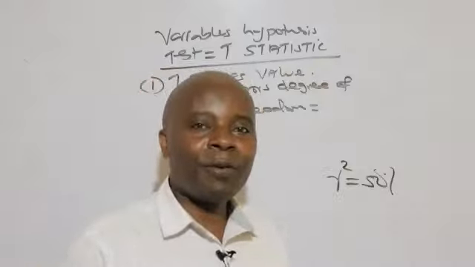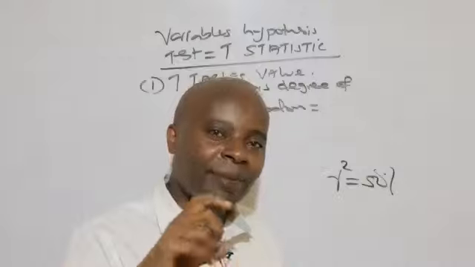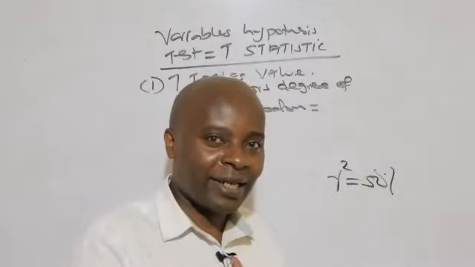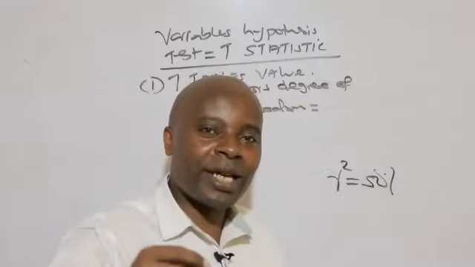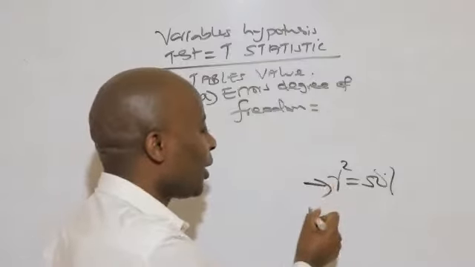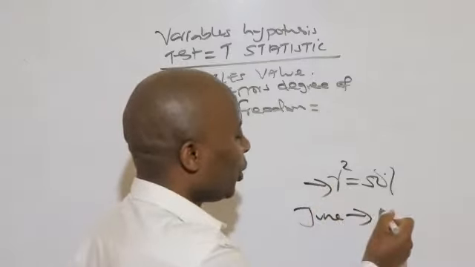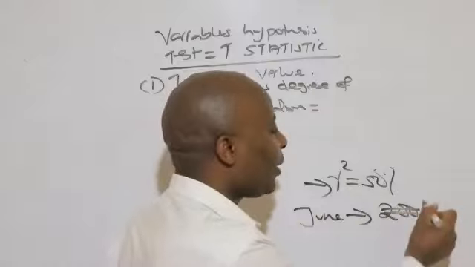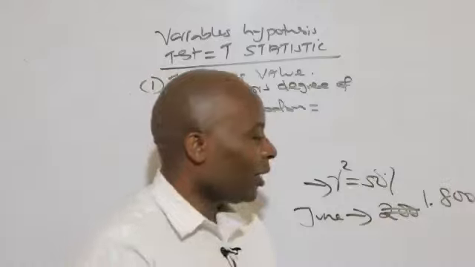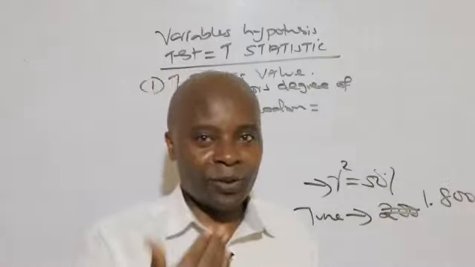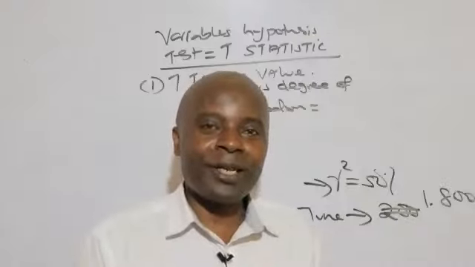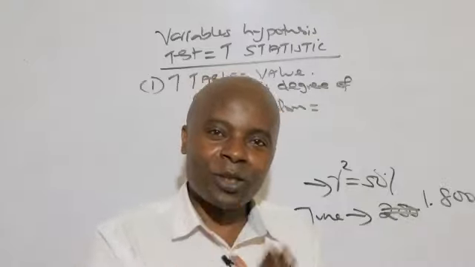If you remember, there was a time I did a prediction for the corona cases when we began. I got the daily rate and I predicted that by the end of June we would have about 1.8 million corona cases. I did this statistically using SPSS. People came and told me this was not possible.